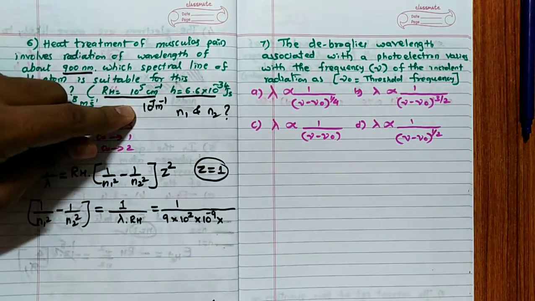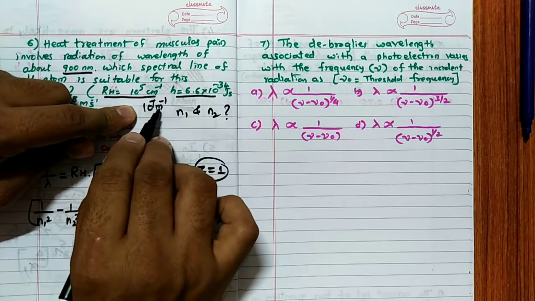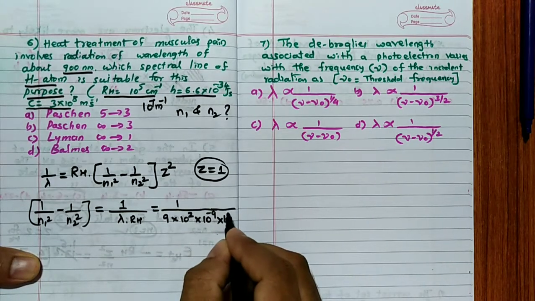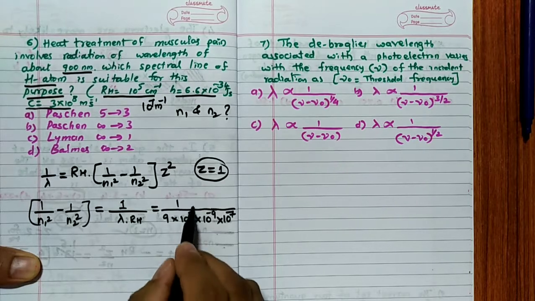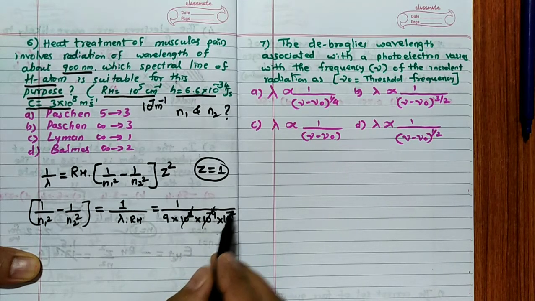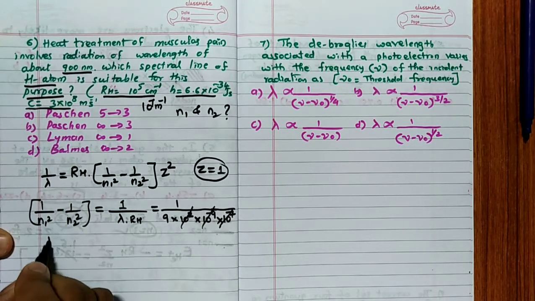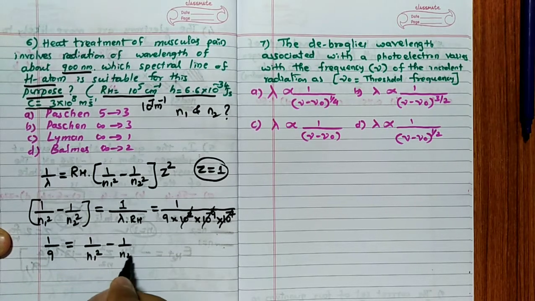So the meter gets cancelled. 2 minus 9 is minus 7, plus 7, gets cancelled. 1 by 9 is the answer. Which means 1 by 9 is equal to 1 by N1 square minus 1 by N2 square.